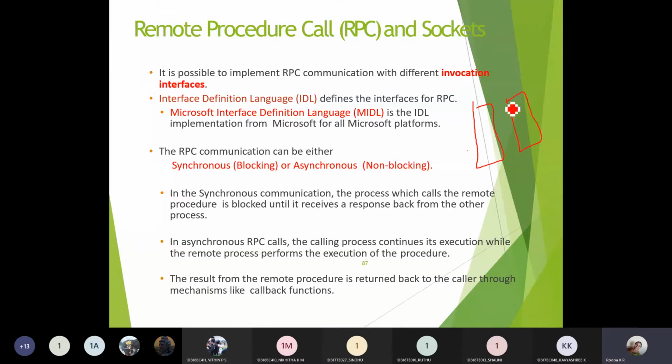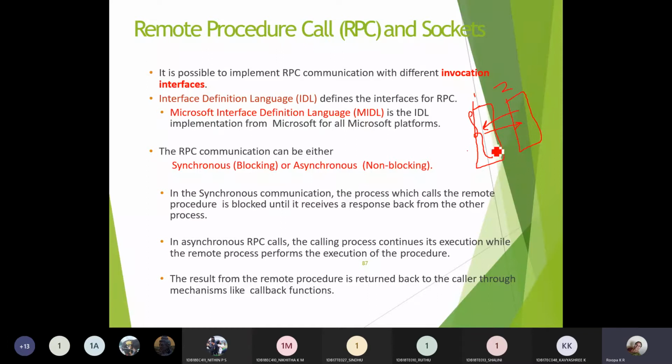Suppose process 1 is requesting some information from process 2, and process 2 will take some time to accept the request and to send the data. Until and unless it receives the data from process 2, it does not stop its execution. It gives the request from process 1 to process 2, and in parallel it will be executing the rest of the process here.